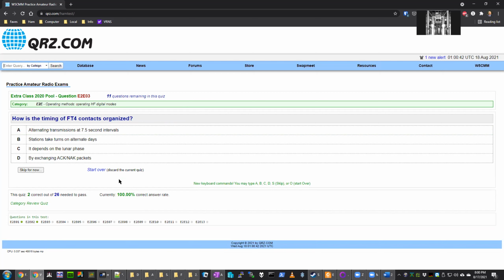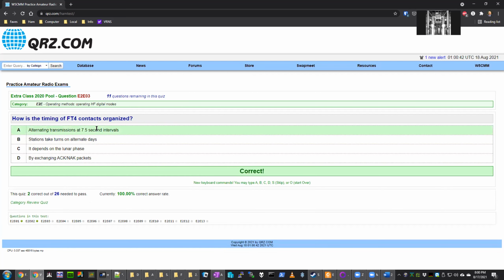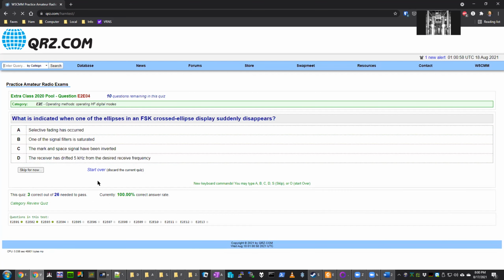How is the timing of FT4 contacts organized? Alpha. Yeah, 7.5 second intervals. What is indicated when one of the ellipses of an FSK crossed ellipse display suddenly disappears?